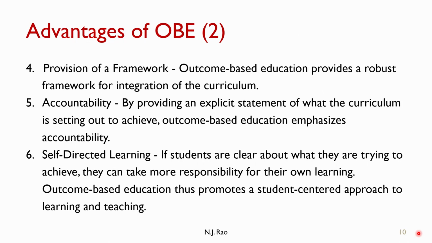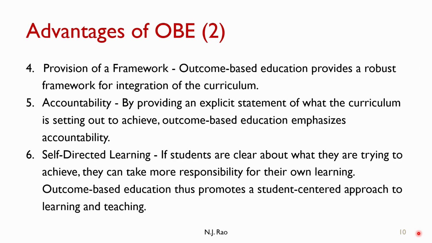And accountability. By providing an explicit statement of what the curriculum is setting out to achieve, outcome based education emphasizes accountability. That means I can ask the students, have you been able to achieve these outcomes? Or a teacher can ask himself or herself, or the department can ask, have you facilitated the students to achieve these outcomes? The outcomes can provide accountability.